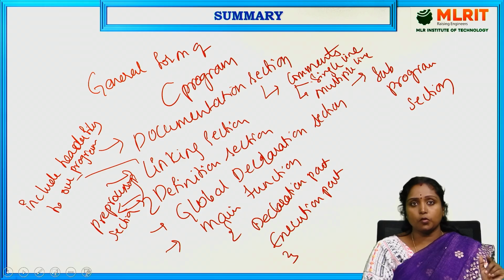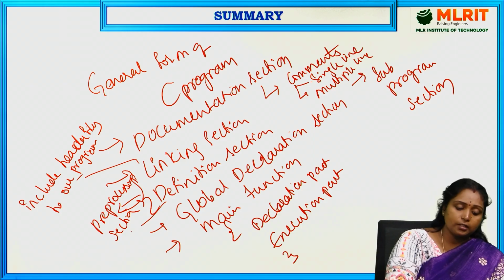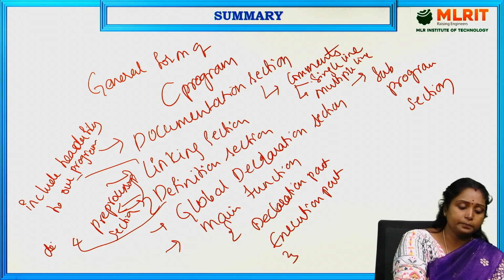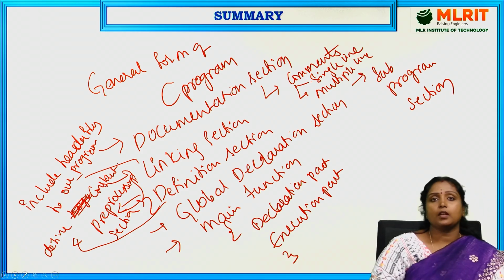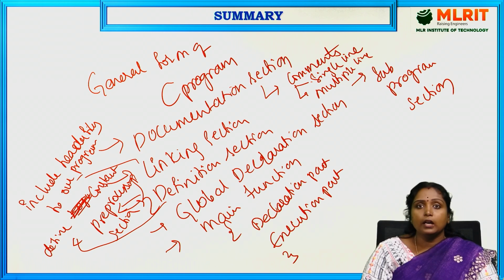If you want to use them, we include that header file in our program. The definition section is used to define keywords. It is used to define constant values, or constant variables that should not change anywhere in the program. We use the definition section for that.